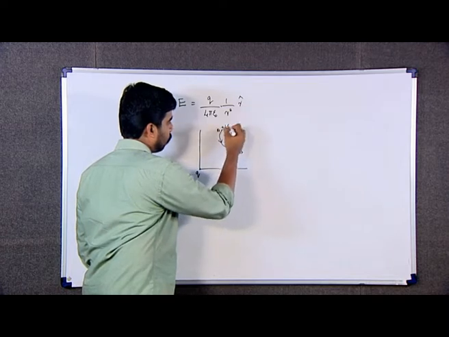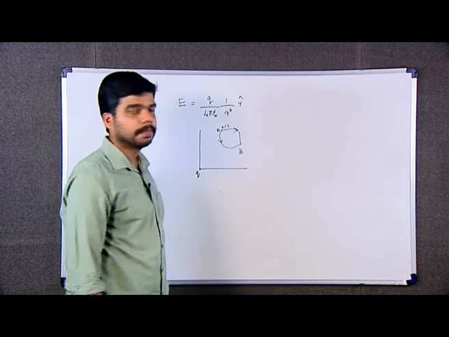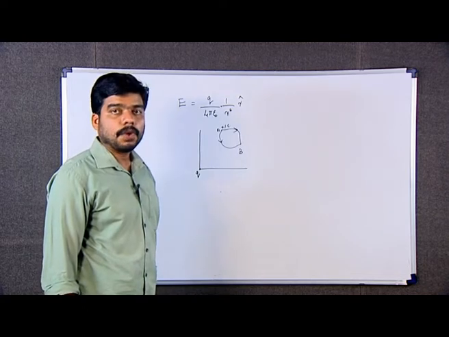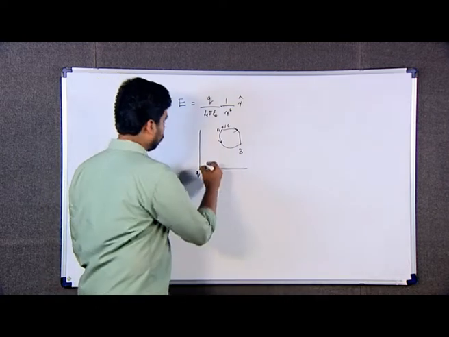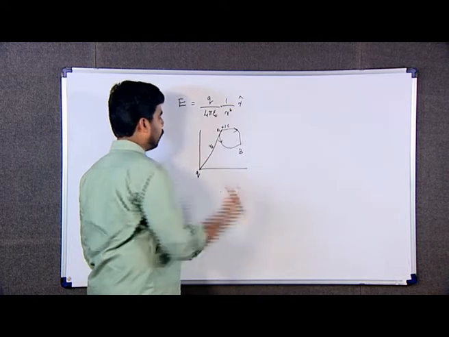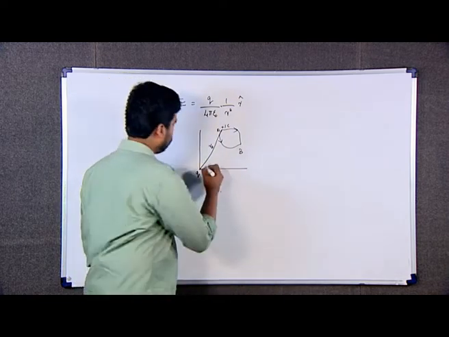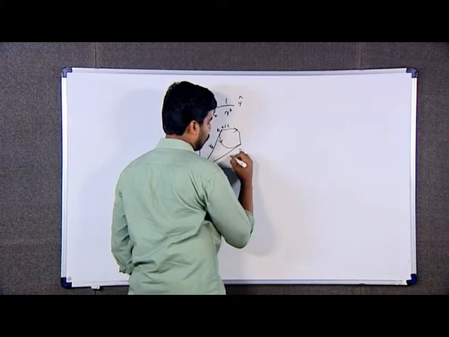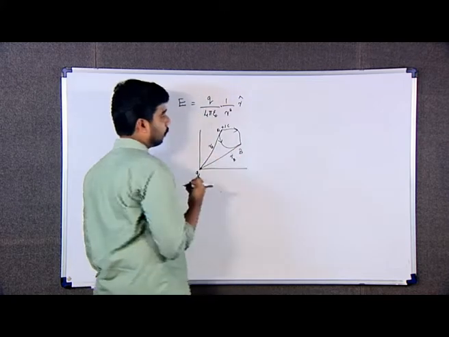The position vector to the point A I am naming RA, and the position vector to the point B I am naming RB.